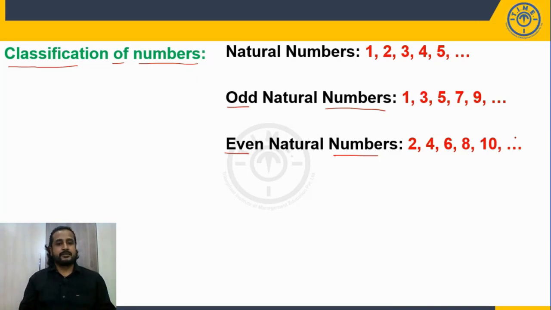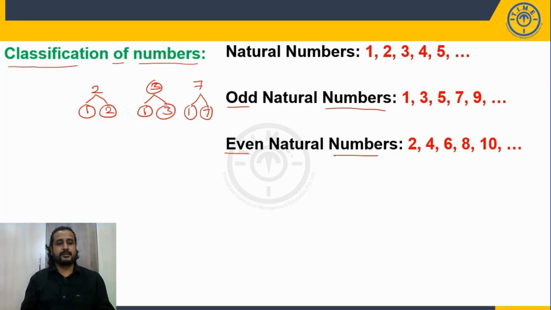Let's take an example, 2. 2 is divisible by 1 and by 2. Let's take 3. 3 is divisible by 1 and by 3. Now let's take 7. 7 is divisible by 1 and by 7.